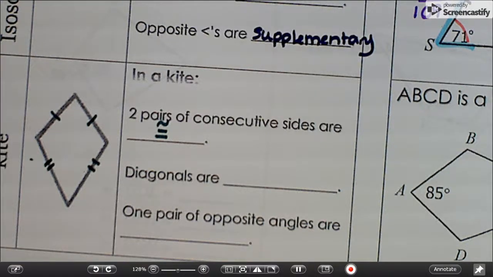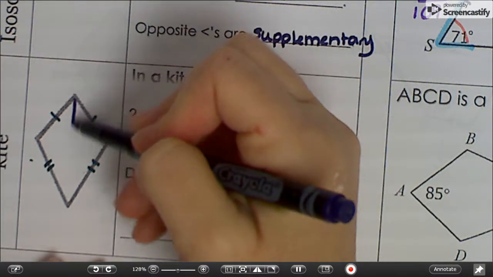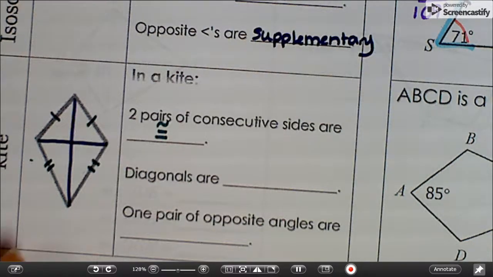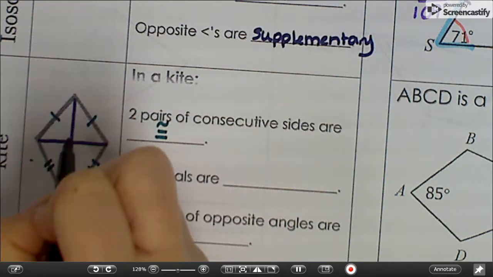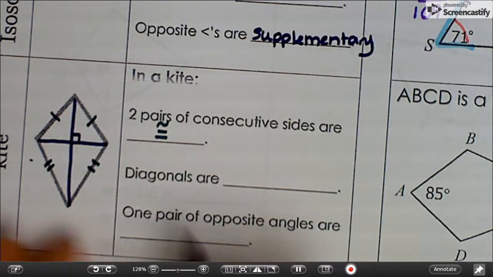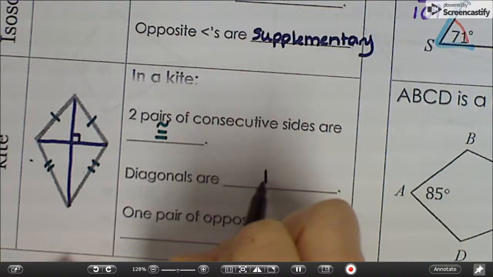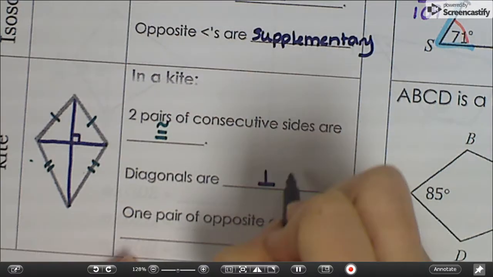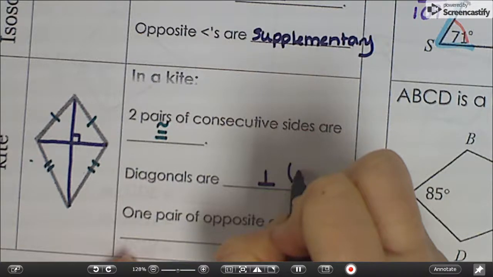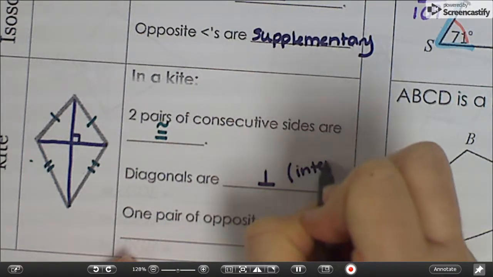We can draw the diagonals in a kite, 1, 2. And you can notice even just by my drawing, but we could prove it if you wanted me to, just come see me, that the diagonals are perpendicular. And hopefully your brain knows that this is the symbol for perpendicular, and that means that they intersect at 90 degrees.